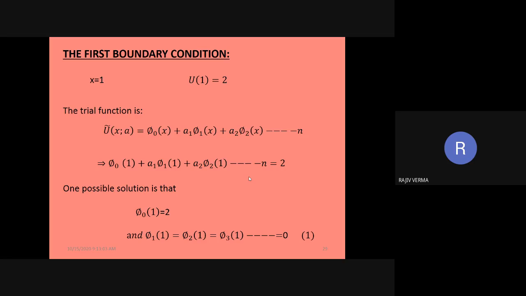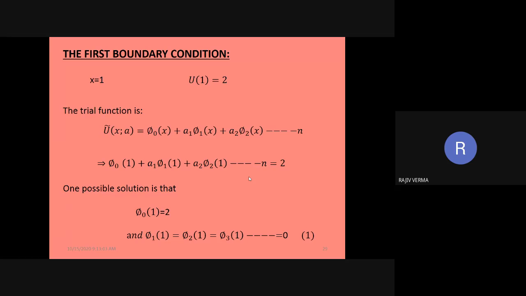This obviously is one of the easiest solutions, which we can have without doing any calculations. That is, the first boundary condition is satisfied by phi naught itself, and the rest of the terms phi 1, phi 2, phi 3, etc., are all 0 at x is equal to 1.